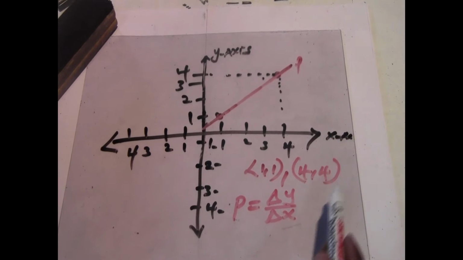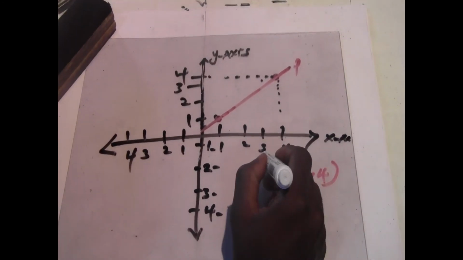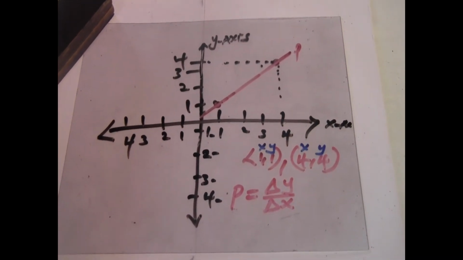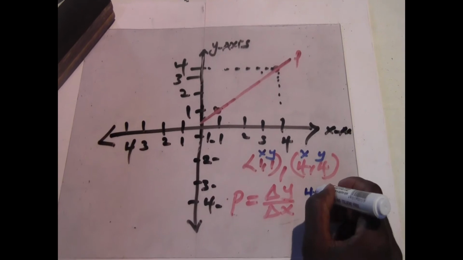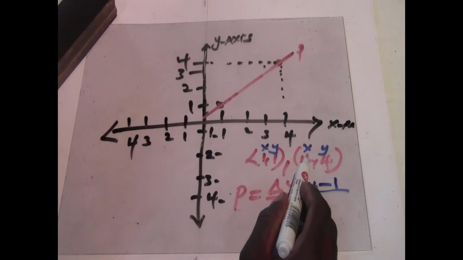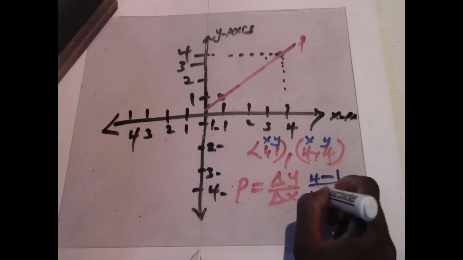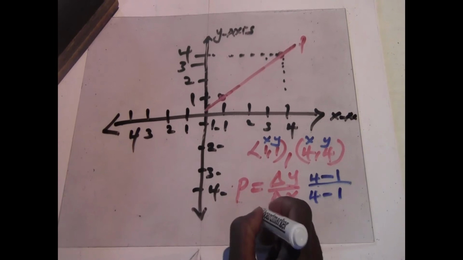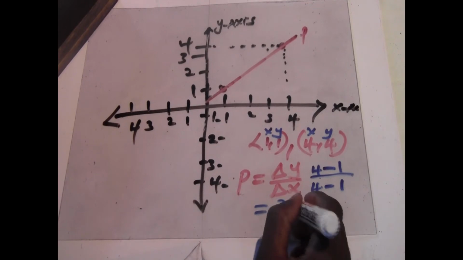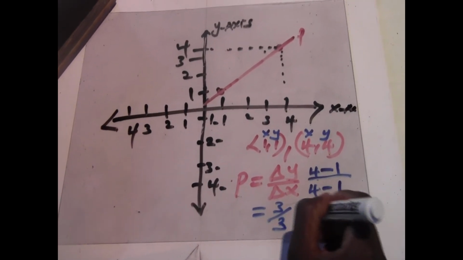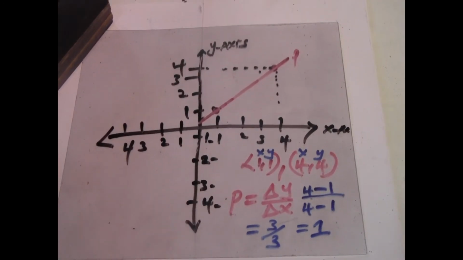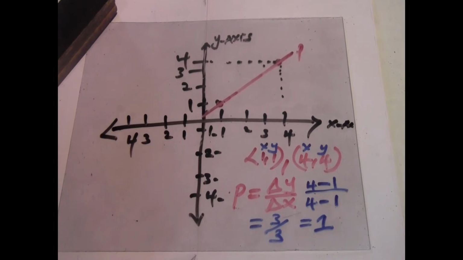So the change in y is 4 subtracted by 1, over the change in x, which is 4 subtracted by 1. So our answer will be 3 over 3. So the gradient of this line is 1. And that's how you go about the calculation of the gradient of a line.